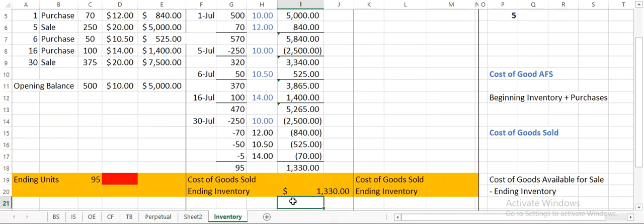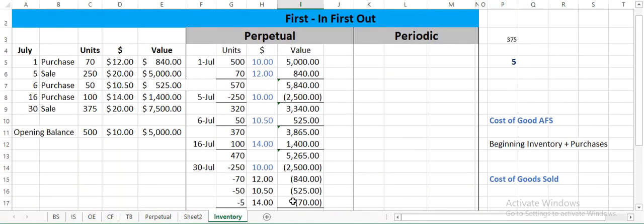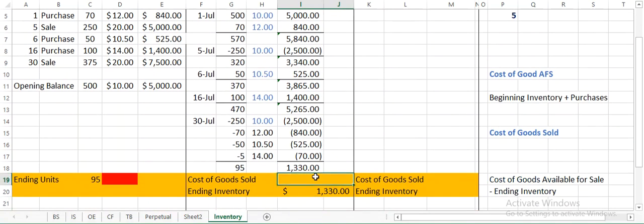And our cost of goods sold, similar to the average cost method, is we just have to add up everything that we calculated for each sale. So the only sale is this, and all of these here need to be added up to get me $6,435.